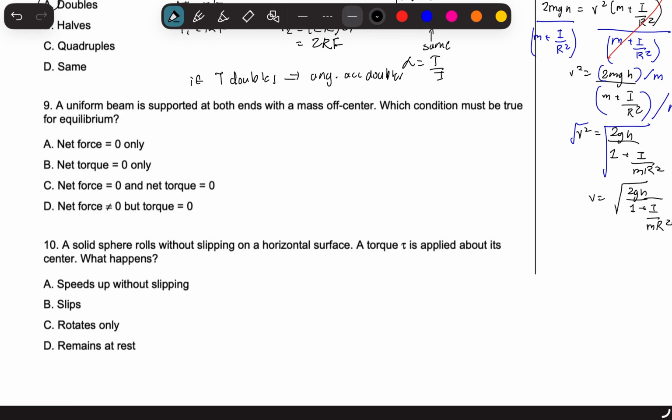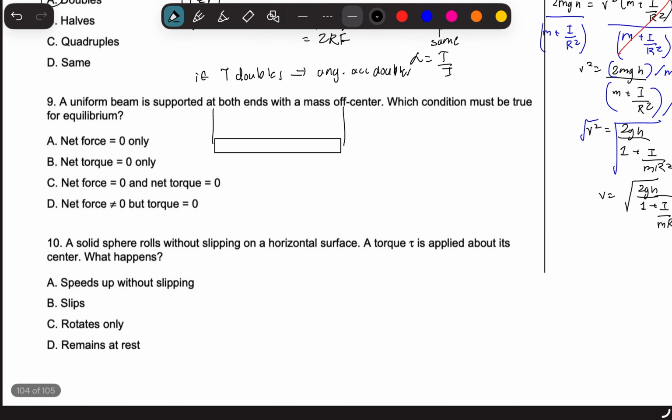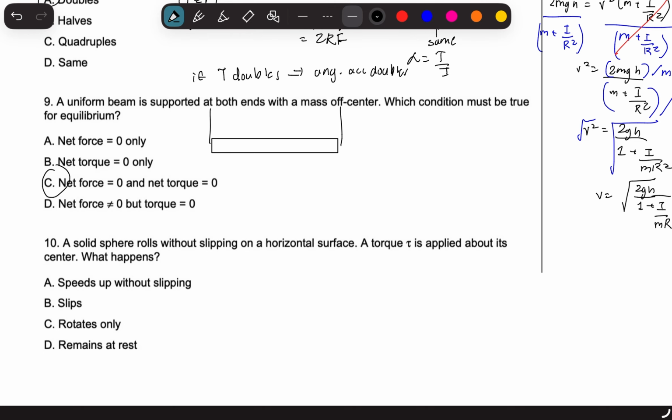A solid sphere is supported at both ends with a mass off center. Which condition must be true for the equilibrium? Your answer is C. Net force must equal 0 and net torque equals 0. You have to have summation of force equal to 0, summation of torque equal to 0. So for the beam to not rotate, both must be true.